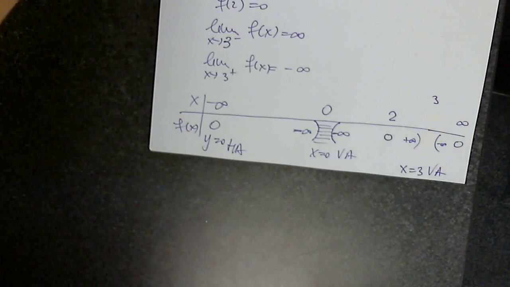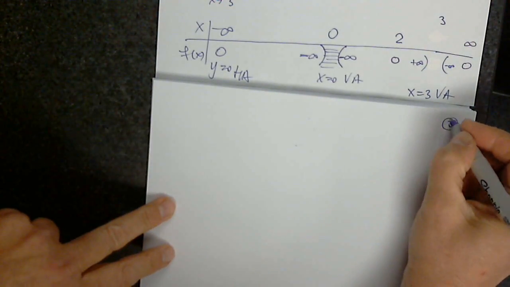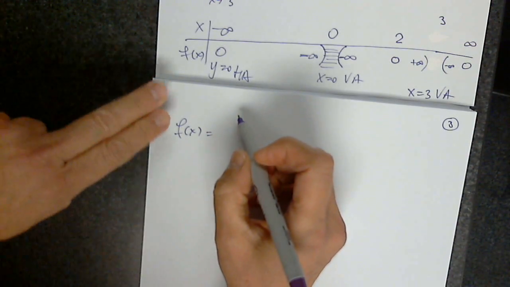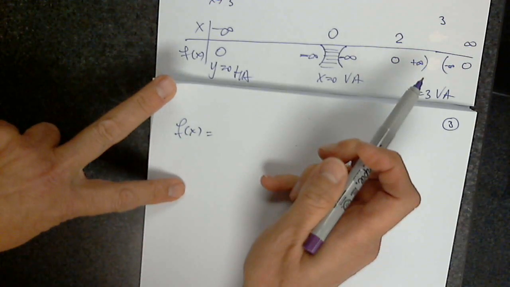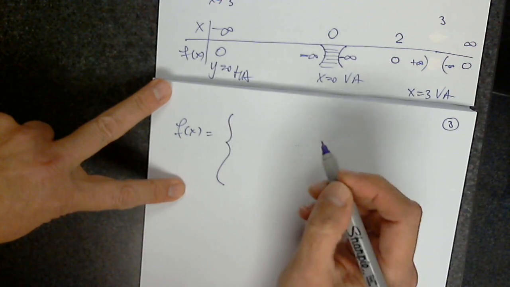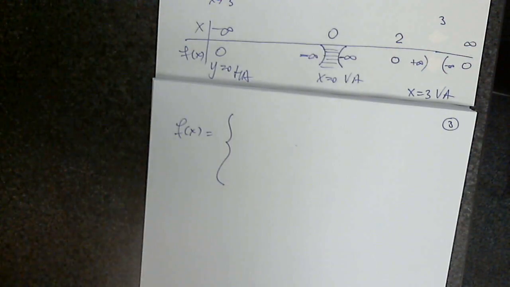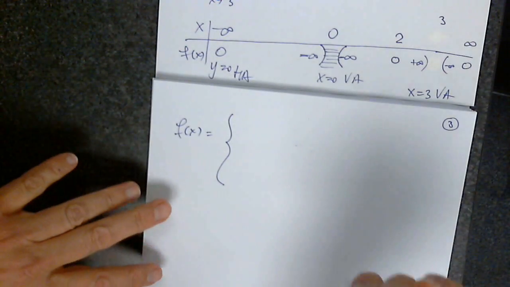Okay, so let's see. f of x. I'm just going to write in pencil so I can erase and come back and make my changes.